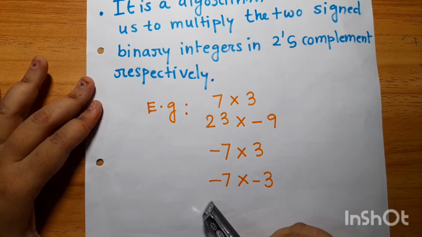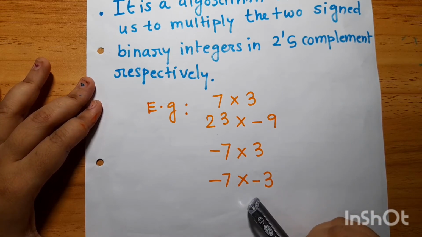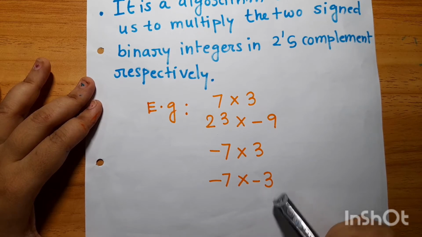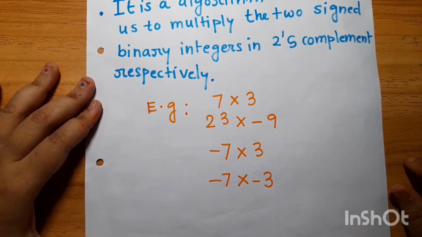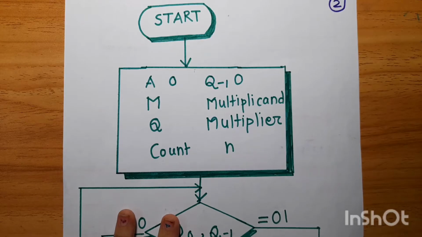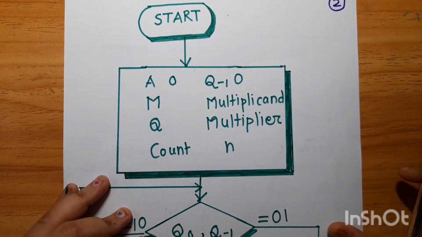It can do the multiplication of minus 7 cross minus 3, where multiplicand and multiplier both are negative. Now, slowly I will go through the flow chart of the Booth's multiplication algorithm.